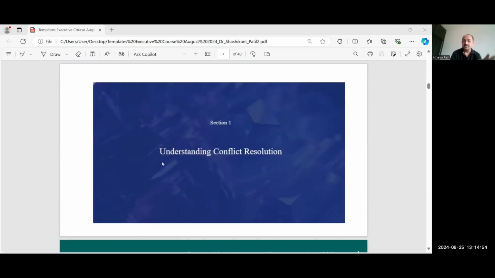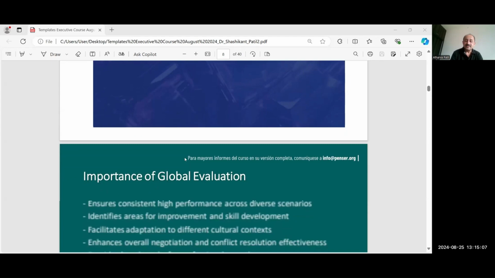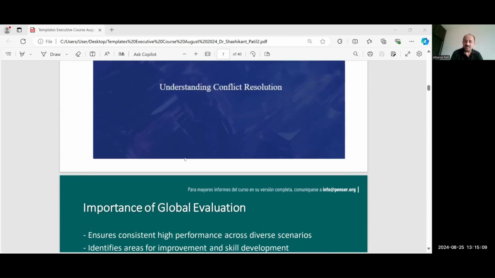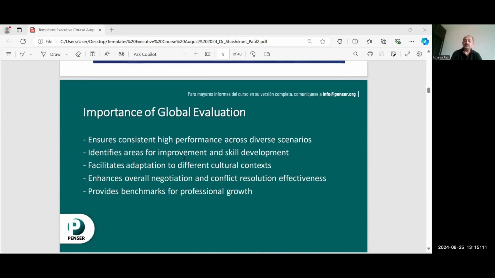So our session one will be divided into three sections. Section one is understanding conflict resolution. Let us understand what conflict resolution is. In line with this, our topic is the importance of global evaluation.